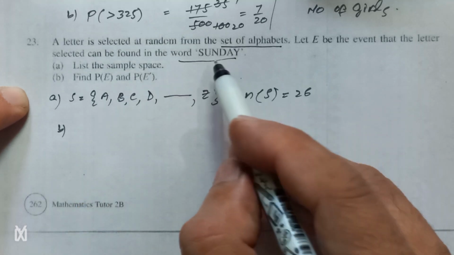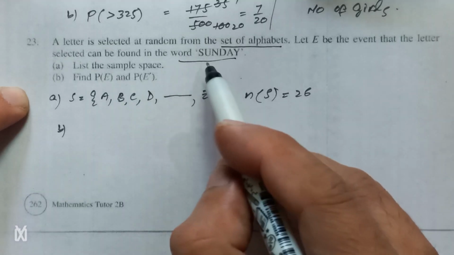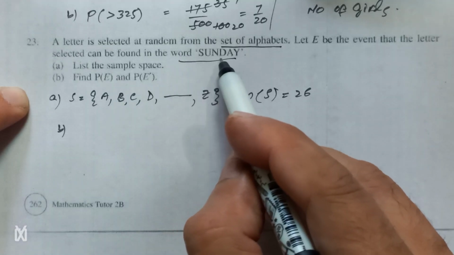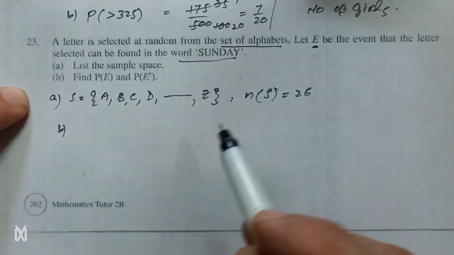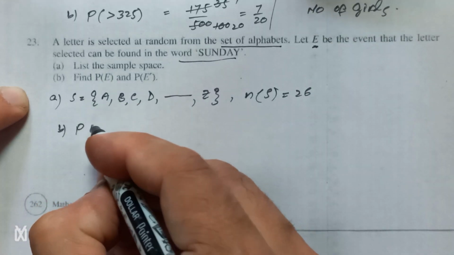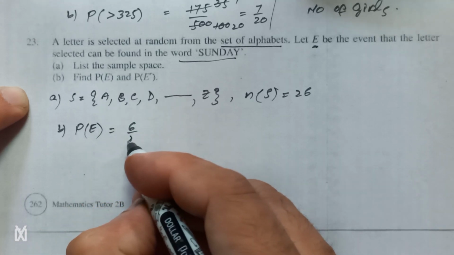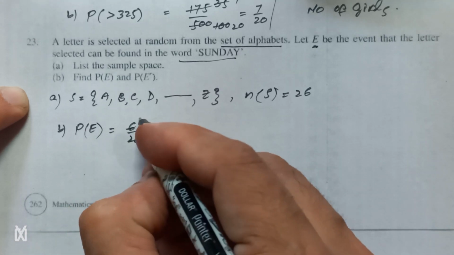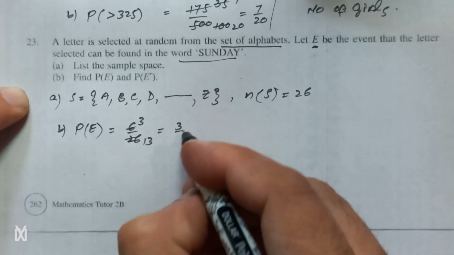B part is find the probability of E. Now you are going to find these letters out of the total alphabet. So 1, 2, 3, 4, 5, 6 letters are favoring E. So probability of E will be 6 by 26, and 2 threes are, 2 13s are, so 3 by 13 is the answer.